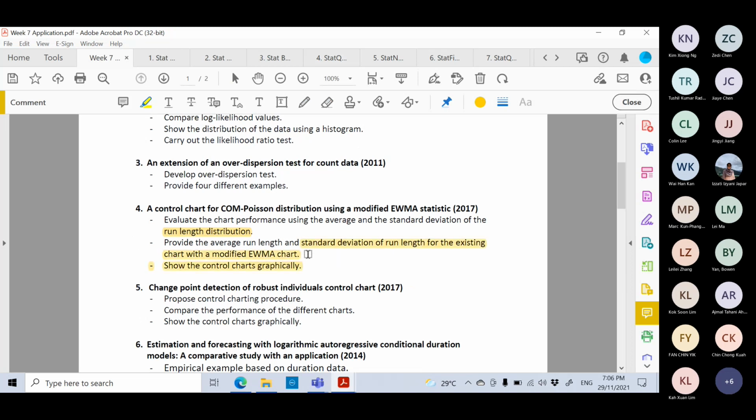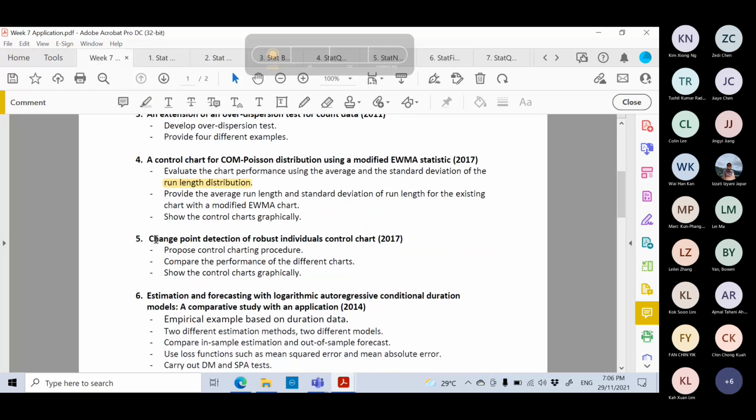Okay. So another one will be here. Another one is also about control charts. That one is paper number 5. In fact, this paper is by me and my co-researcher. We discussed and then we came out with the control chart on this one. When you have a control chart, you also can deal with statistics. For those of you working on statistics, you may know what is meant by a robust measure.